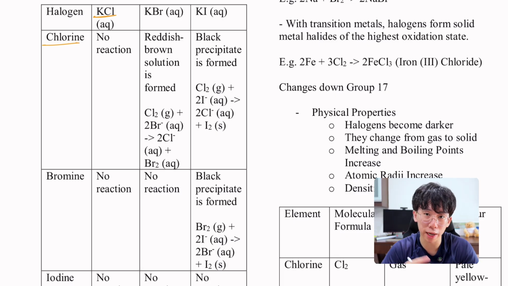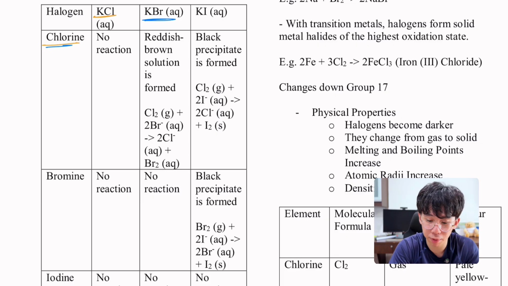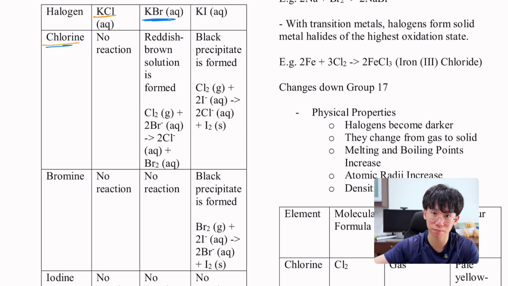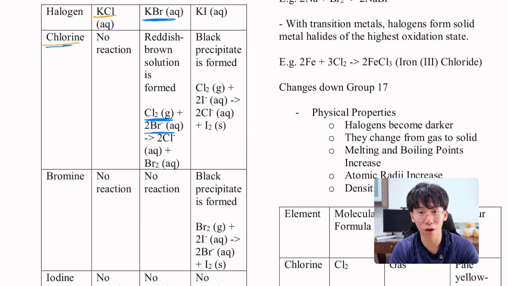But when you look at chlorine and potassium bromide, chlorine is more reactive than bromine, so chlorine is going to displace bromine from the ionic solid. Because of this displacement, your chlorine is going to kick out the bromide ion, and the chlorine is going to be the chloride ion instead, and bromine is going to come out in the diatomic form, Br2.